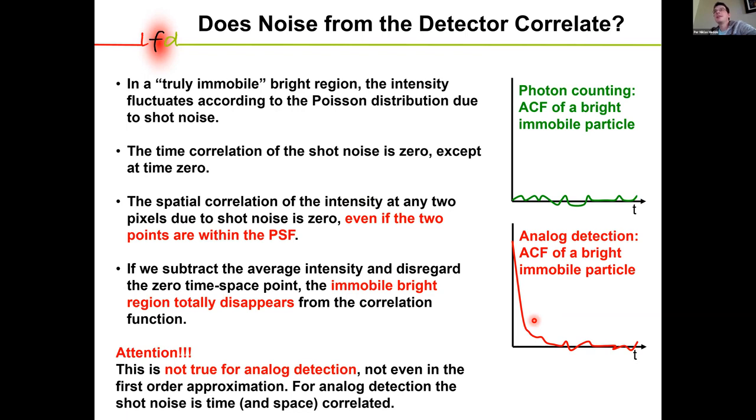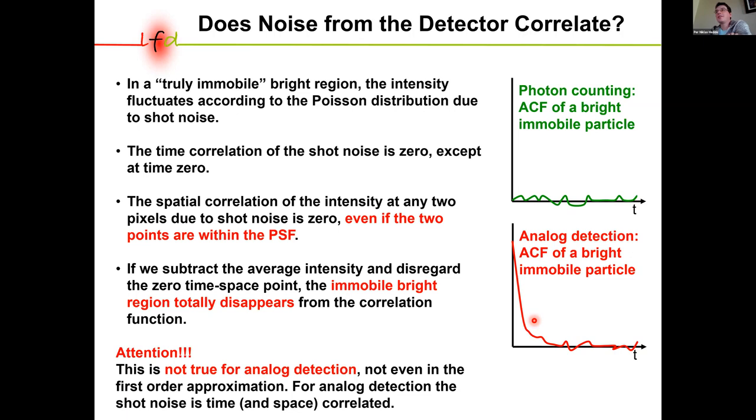The time correlation of shot noise is actually 0, with the only exception of the 0 time point. So we always have to exclude the point of 0 pixel delay, and we can only analyze the non-zero pixel and line delays.